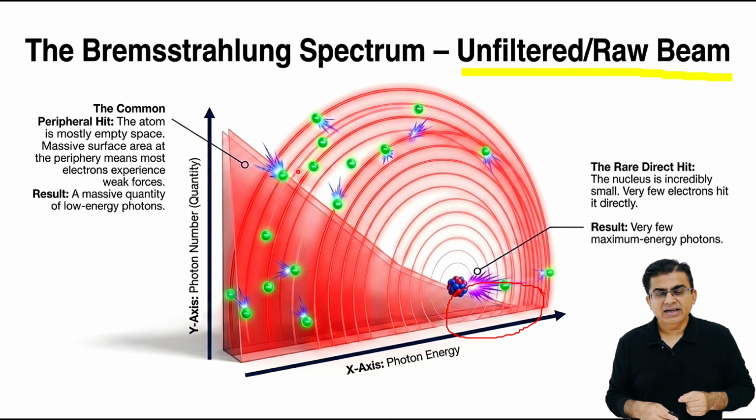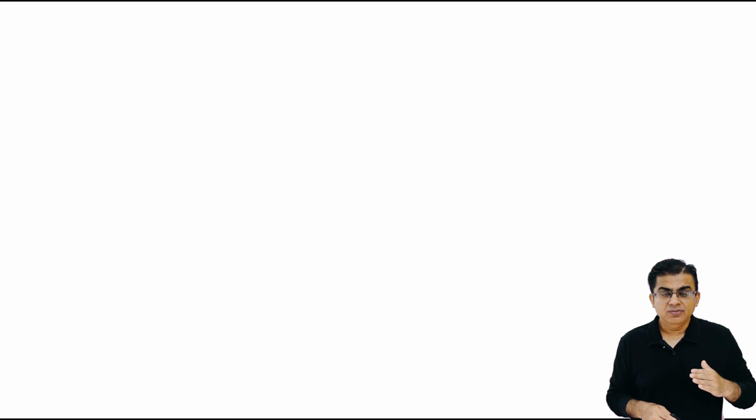When these incoming electrons enter the atom away from the nucleus, they experience a very small, weak braking force and lose very little energy. This means your X-ray machine naturally produces a large quantity of very low energy photons. This is the reason you get this steep curve of the Bremsstrahlung X-ray spectrum.